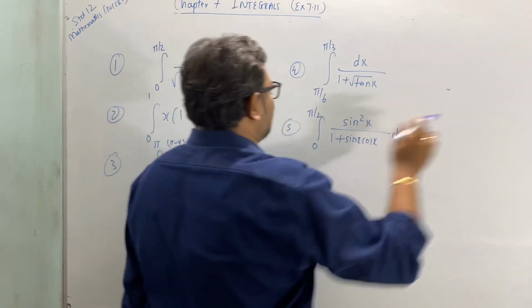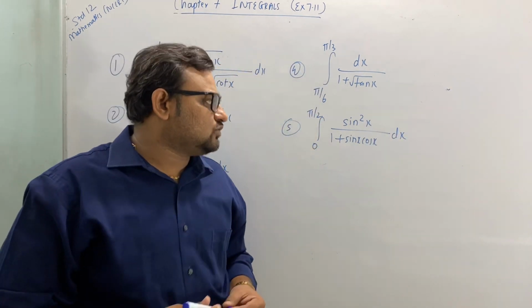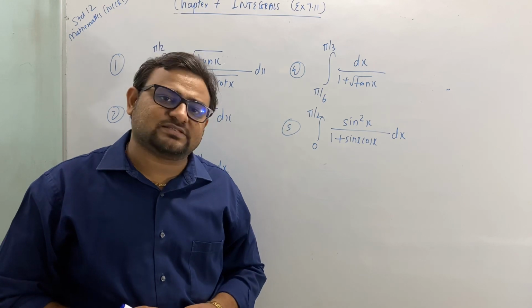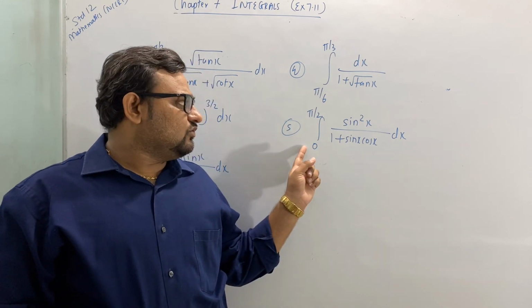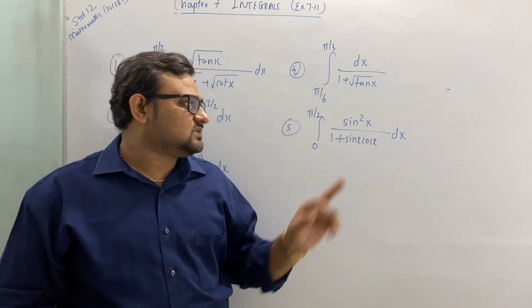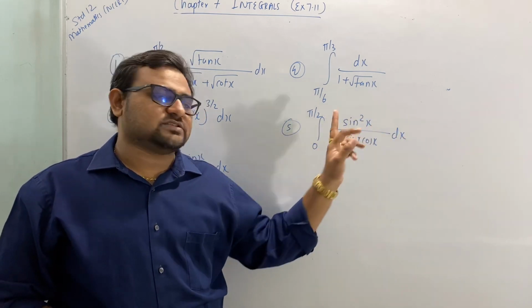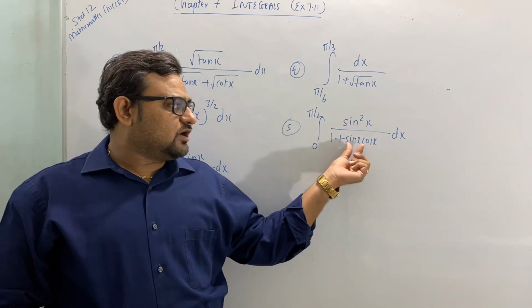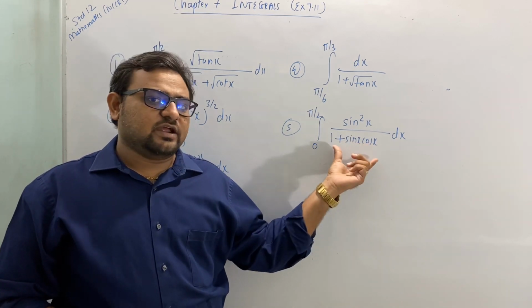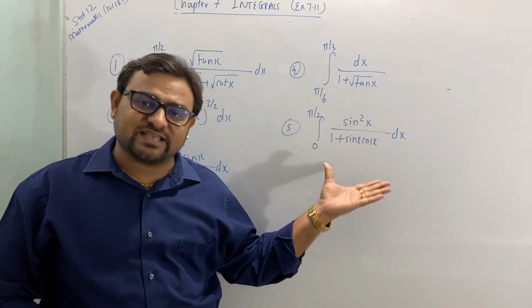Fifth, 0 to pi by 2, sine square x upon 1 plus sine x cos x. Clear? So what to do? a plus b minus x. So sine square of pi by 2 minus x, sine of pi by 2 minus x, cos of pi by 2 minus x. So in the denominator this will be cos, this will be sine. Denominator will be the same.